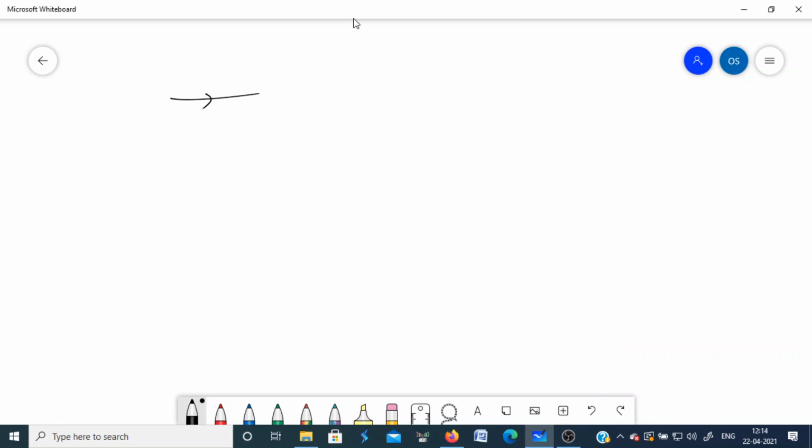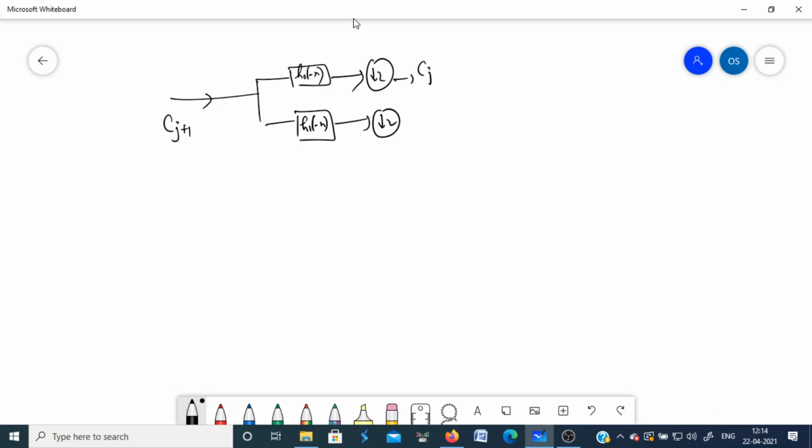is processing these coefficients at different scales. Suppose you start from Cj+1. You pass it through two filters, H0 of -n and H1 of -n, and decimate by a factor of 2, and you get Cj and Dj.